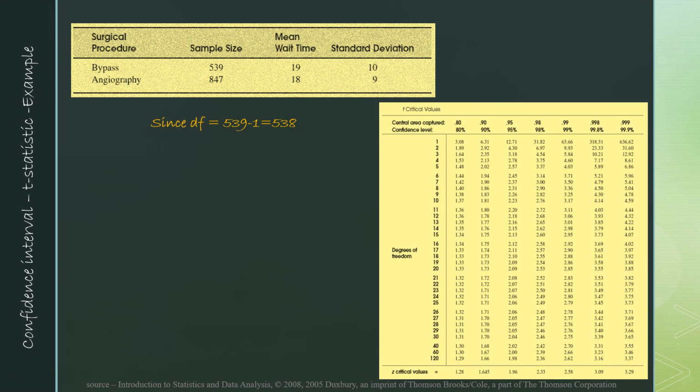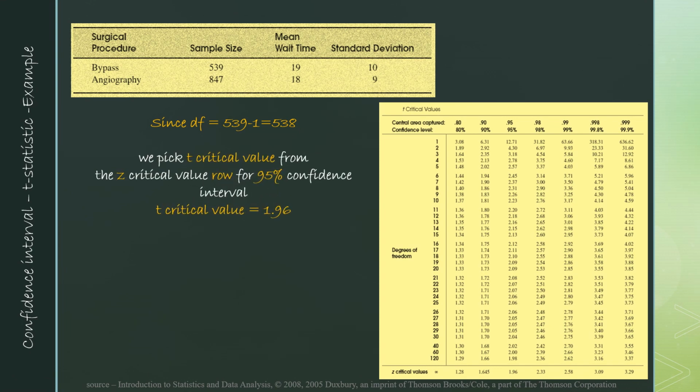Since df equals 539 minus 1, which equals 538, and 538 is much above the maximum value 120 that's available in the T critical value table, we pick the T critical value from the Z critical value row for 95% confidence interval, and thus the T critical value equals 1.96.